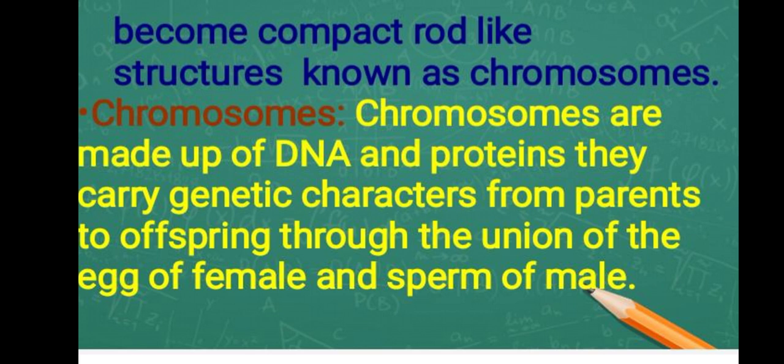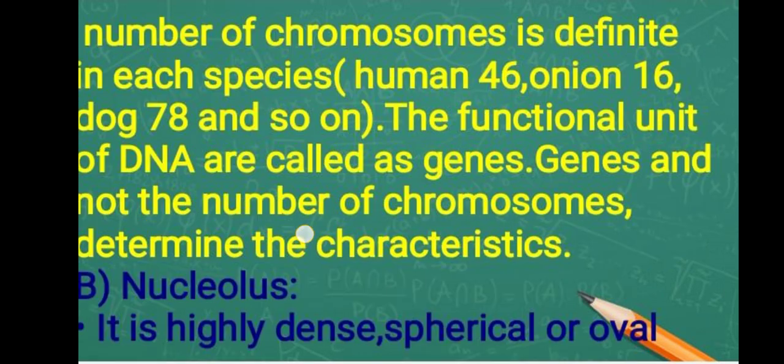Chromosomes are made up of DNA and proteins. They carry genetic characters from parents to offspring through the union of the egg of female and sperm of male.